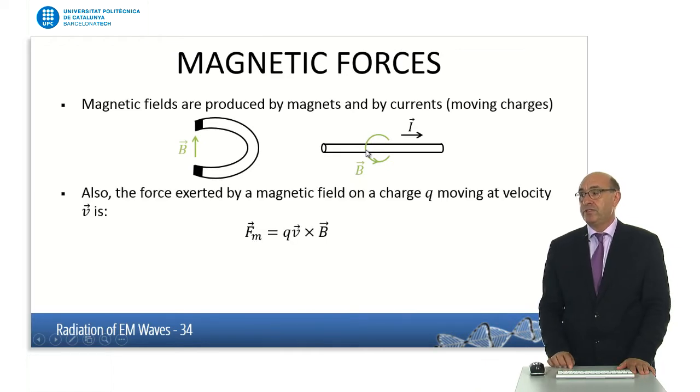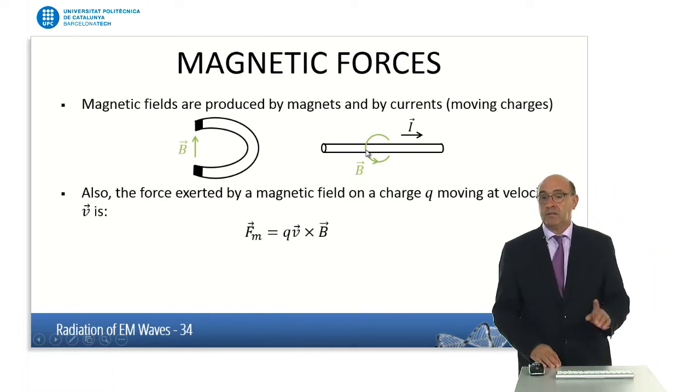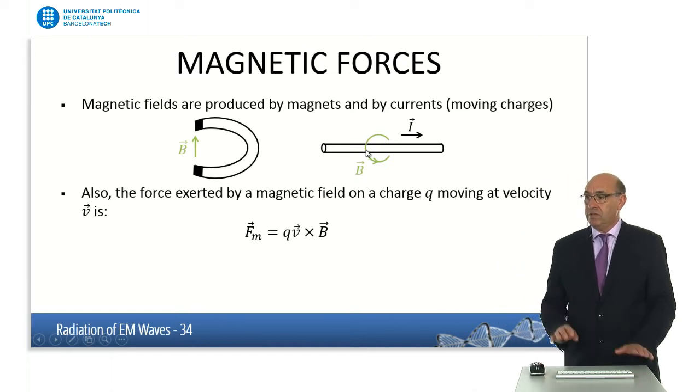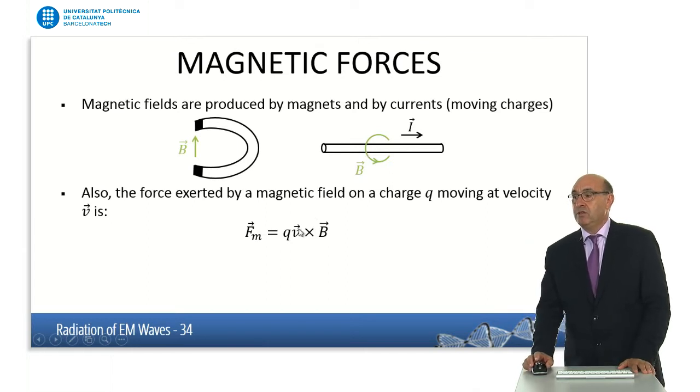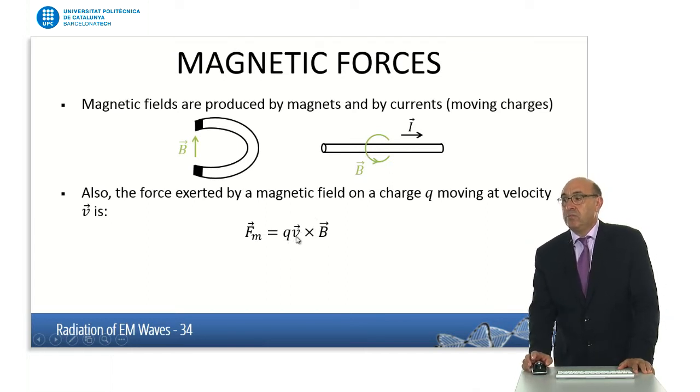Those forces, in this case, behave with a slightly different law, because they depend not only on the amount of charge, but also on the velocity the charge is moving. So we have here the product of the charge times the velocity.